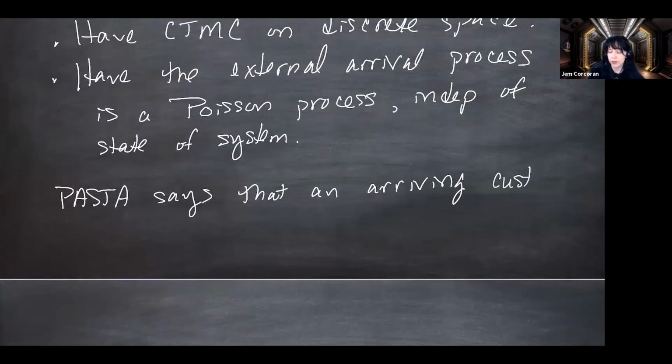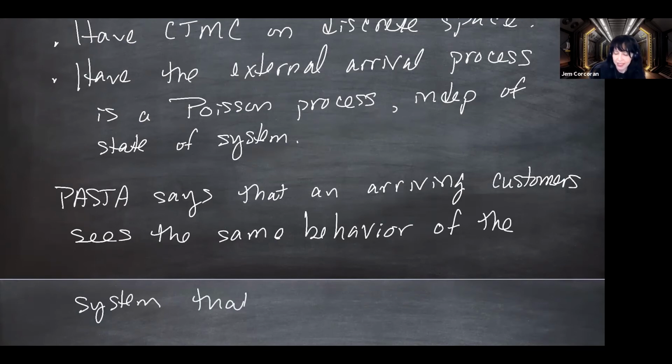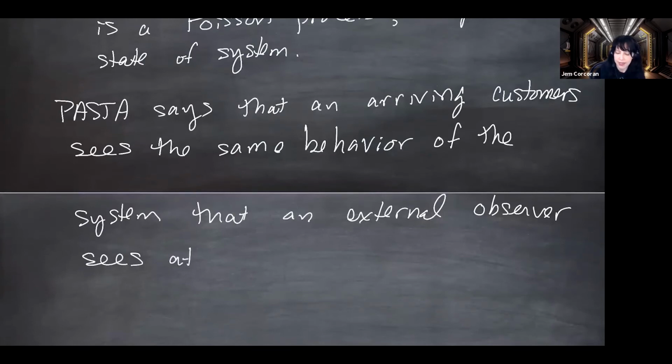An arriving customer sees the same behavior of the system that an external observer sees at any time.